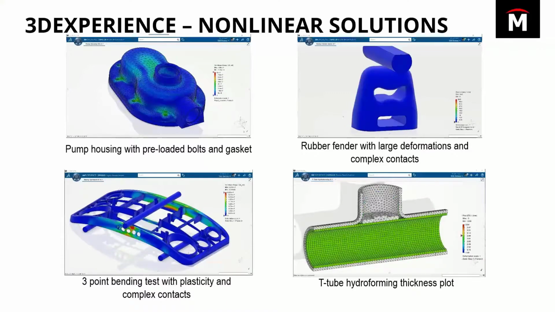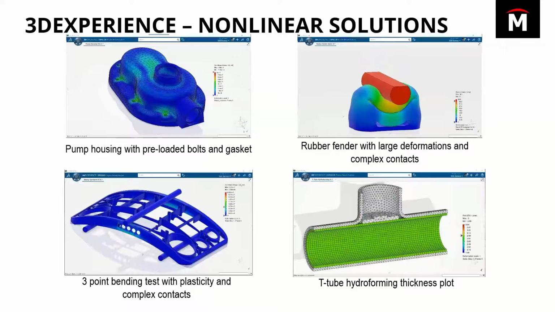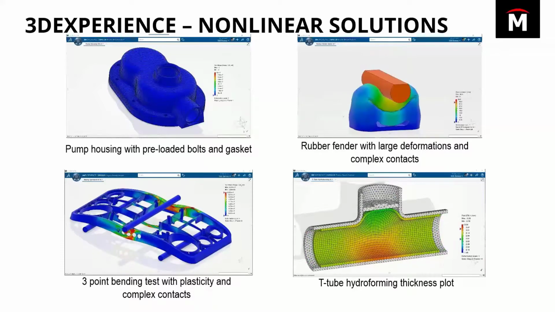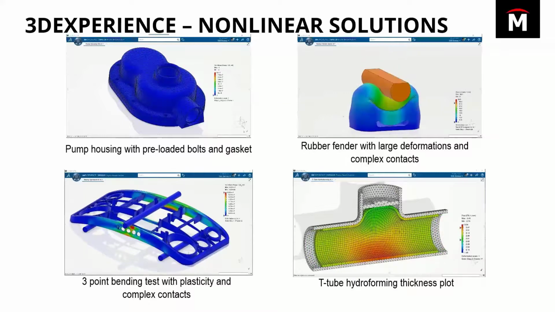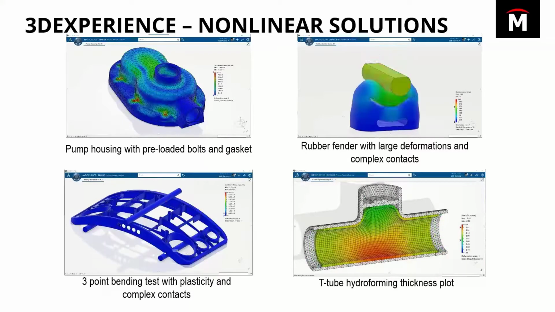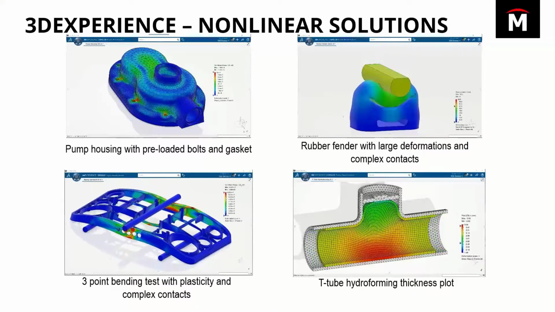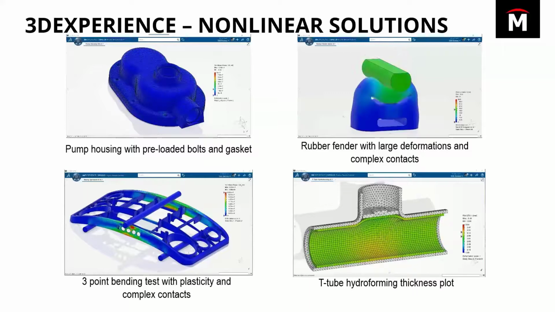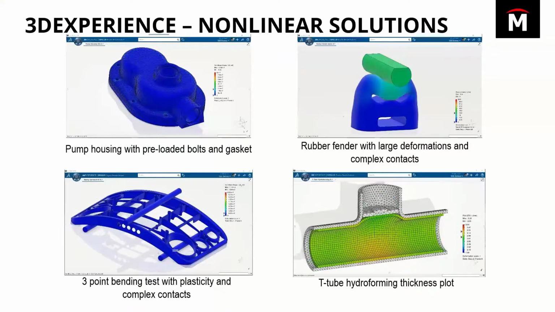It's actually touching itself when it is deforming. So we are able to compensate for that using some of the complex contact sets available inside of the SPE or SME, the Performance Engineer and Mechanical Engineer roles. We can also have the 3-point bending with plasticity, and even simulate some of the hydroforming through those thickness plots there.